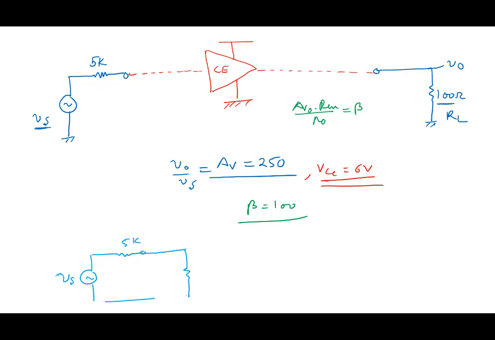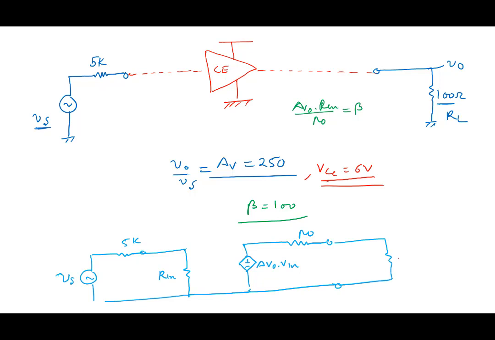Remember, we said the amplifier can be represented by Rn and by AV0 Vin with R0. That's what your amplifier looks like, right? Then you connect the load here, 100 ohms, RL, V0.